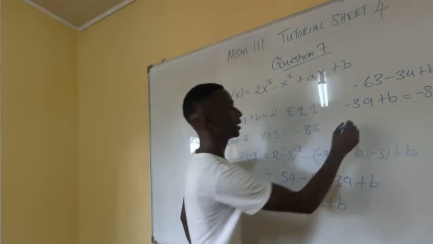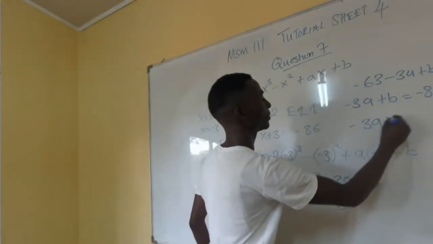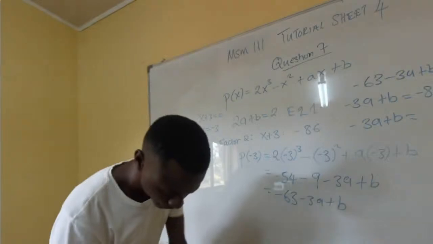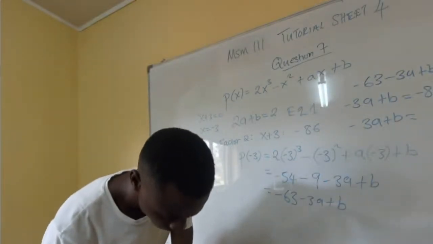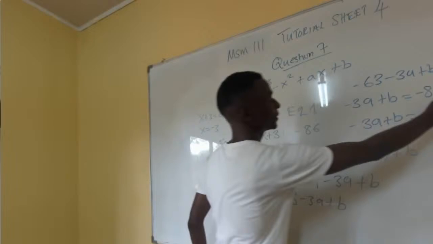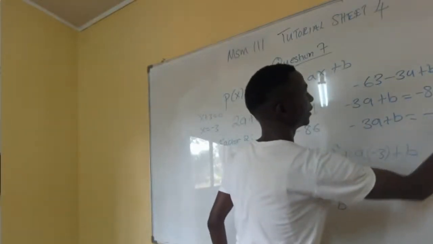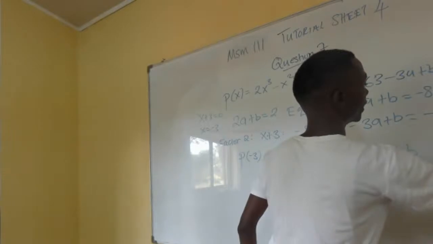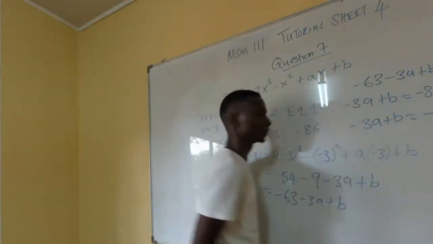So from there, we're having negative 3a plus b equal to, if you subtract here, you're getting negative 41. So you indicate that as equation 2.